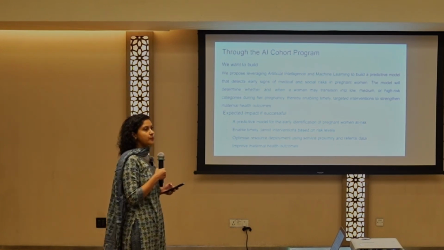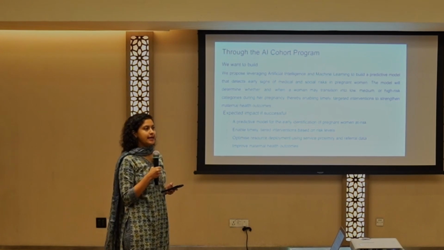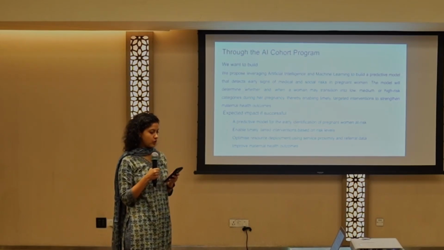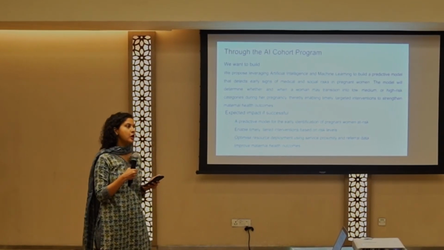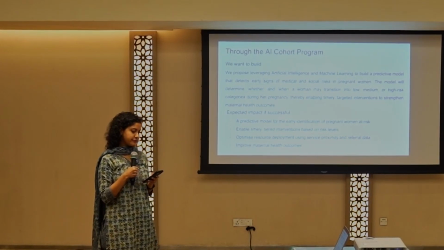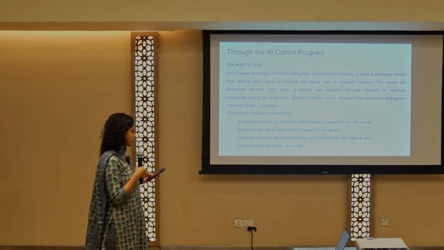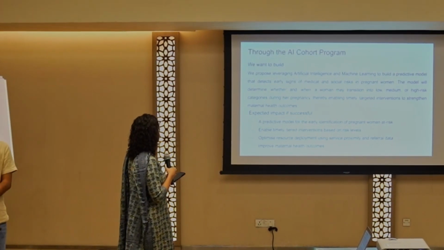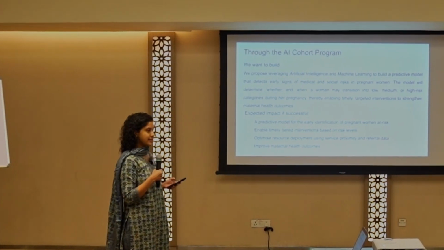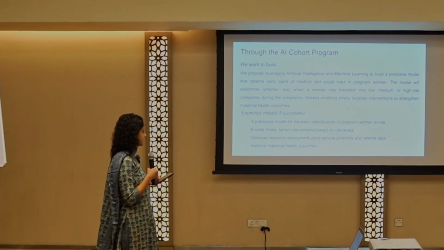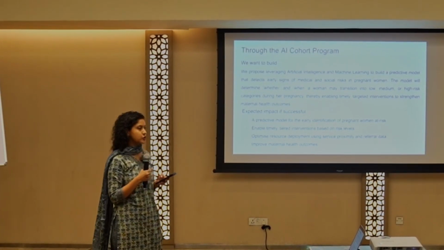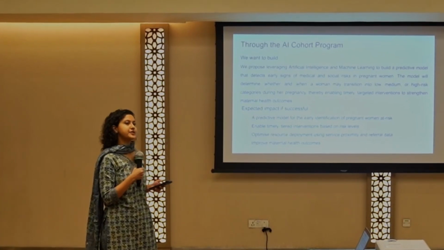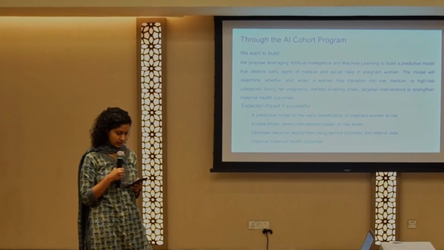At an individual level, early identification would lead to more home visits, fast-track referrals, and tailored interventions. At the program level, this would help us optimize resources by aligning referrals with service proximity and capacity of services. And at the system level, we are hoping this would lead to strengthened continuity of care, which translates into better maternal health outcomes.